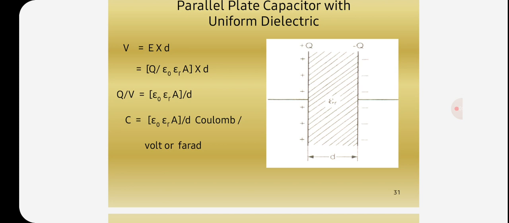From this, Q by V is equal to epsilon naught epsilon r A by d. So here C is equal to epsilon naught epsilon r A by d, coulomb per volt or farad.